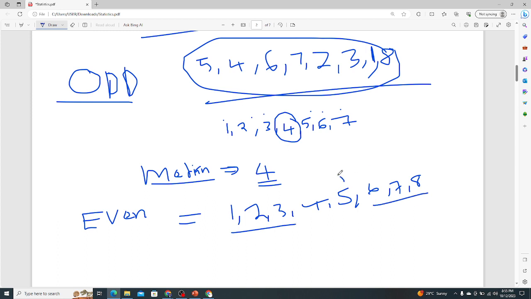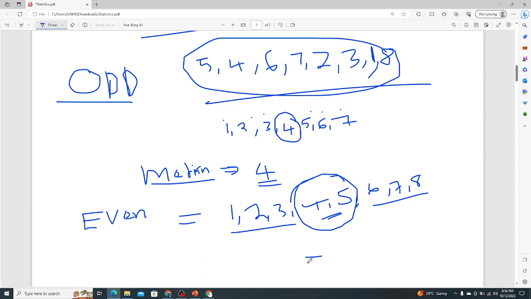So we can see we don't have a specific value which is in the middle. So in this case, we are going to take these two middle values, add them and divide by 2 to get the median of our data set.